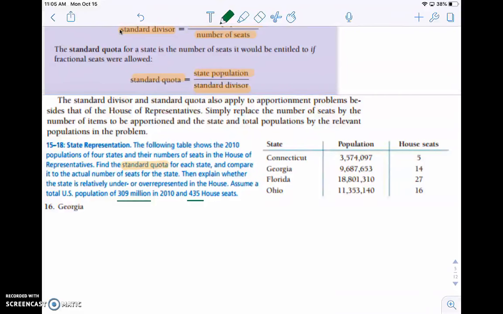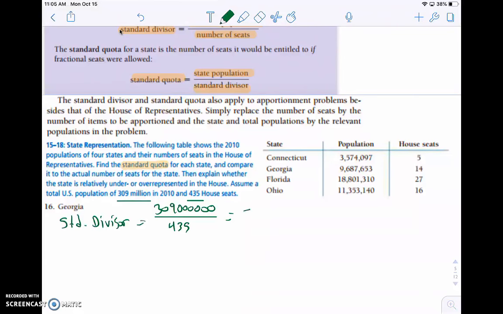So we're going to look at Georgia. So again, the first thing we need to find is the Standard Divisor. And this is going to apply to all states. So you take 309 million, your population. We're going to divide it by the number of seats, 435 seats.